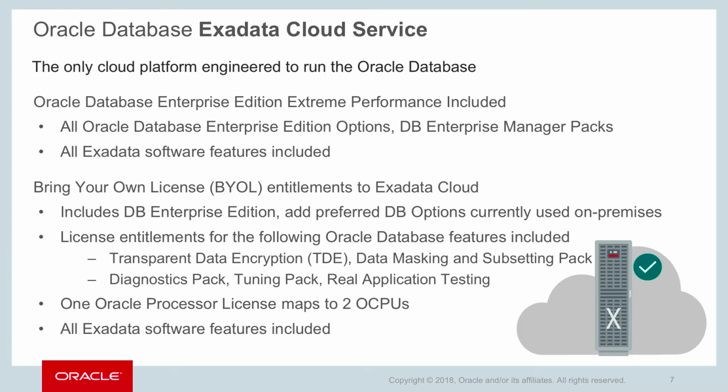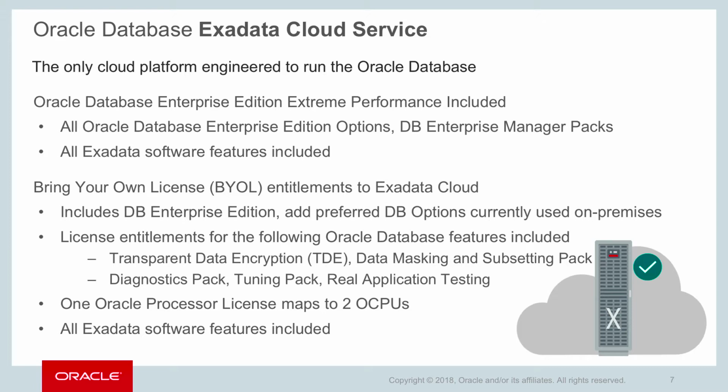You can bring your own license entitlements to Exadata Cloud. Doing so includes Database Enterprise Edition, and you can add preferred database options currently used on premises. License entitlements for the following Oracle database features are included.